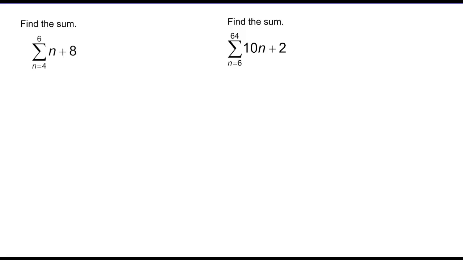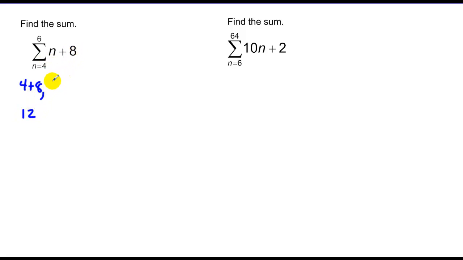Let's just do a couple more for practice. We're going to develop a pattern here, and then we will find this guy over here. So notice, in this case, we're finding the sum of the series generated by n plus 8, that equation, but we're starting with n equals 4 and going to n equals 6. So I plug in 4, I get 4 plus 8, which is 12.